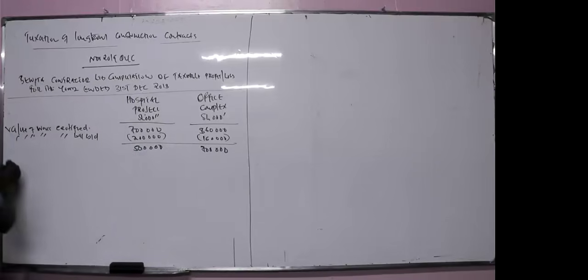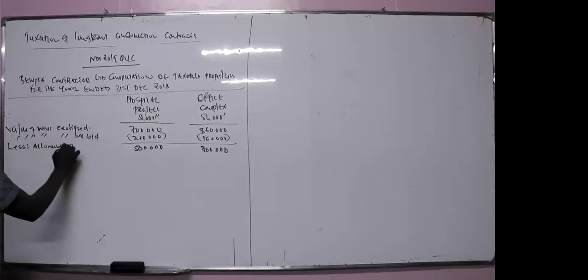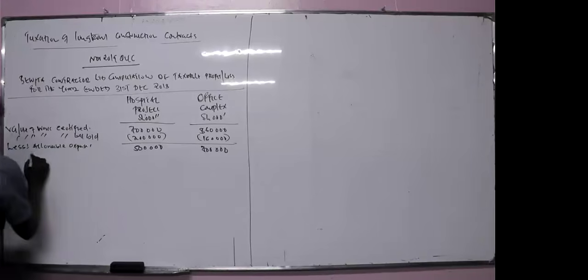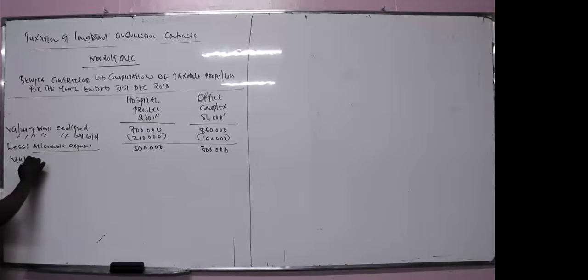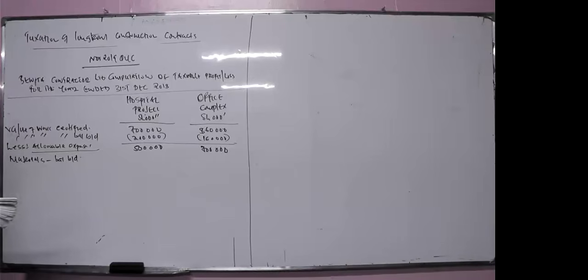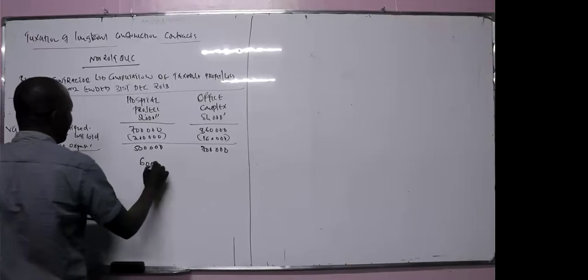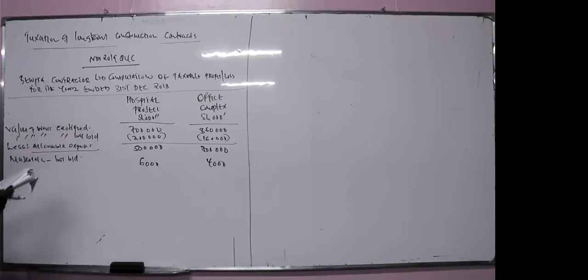Then we less allowable expenses, correct? So we start with the materials. We have materials balance brought down, 6,000 and 4,000, isn't it? And then we have materials delivered, isn't it?